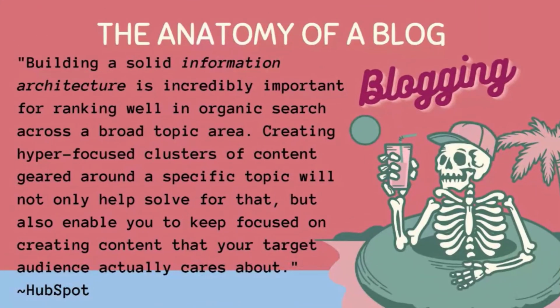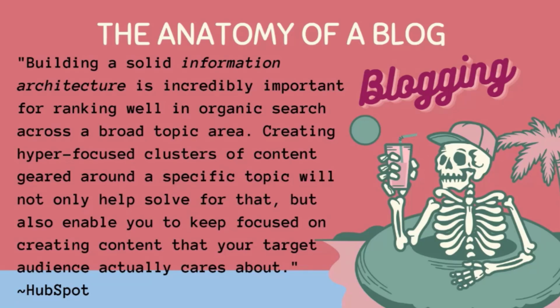So here's what's interesting. HubSpot says the anatomy of a blog is about your information architecture. So this site structure, they're saying it's not even about SEO. It's not even about your content strategy. It's about information architecture.